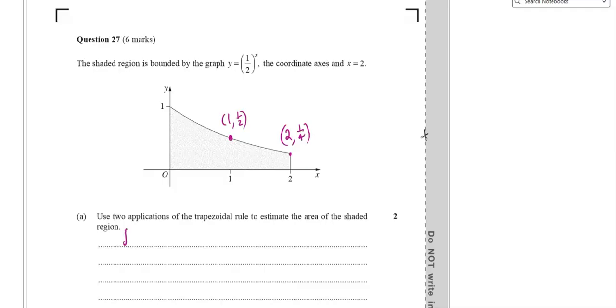So the trapezoidal rule, straight off the reference sheet, says that when you're integrating from a to b, it's approximately equal to b minus a over 2n, f of a plus f of b plus 2 times the points in between.